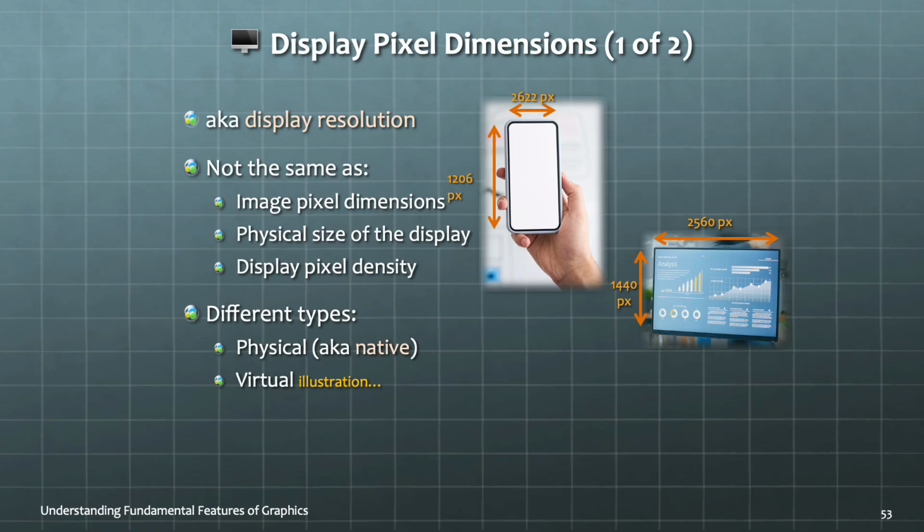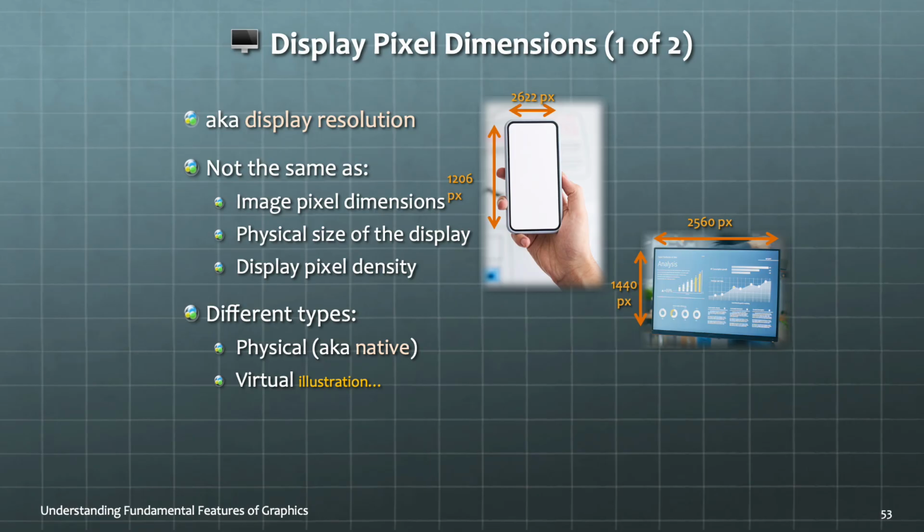Virtual display pixel dimensions is a setting in your system software that tells the display hardware how many of its physical pixels should be used to form virtual pixels that fill the dimensions of the screen. You're asking your display basically to simulate a smaller or larger display using less or more of its physical pixels. To do this, it has to combine its physical pixels together into groupings to form the larger appearing display pixels.